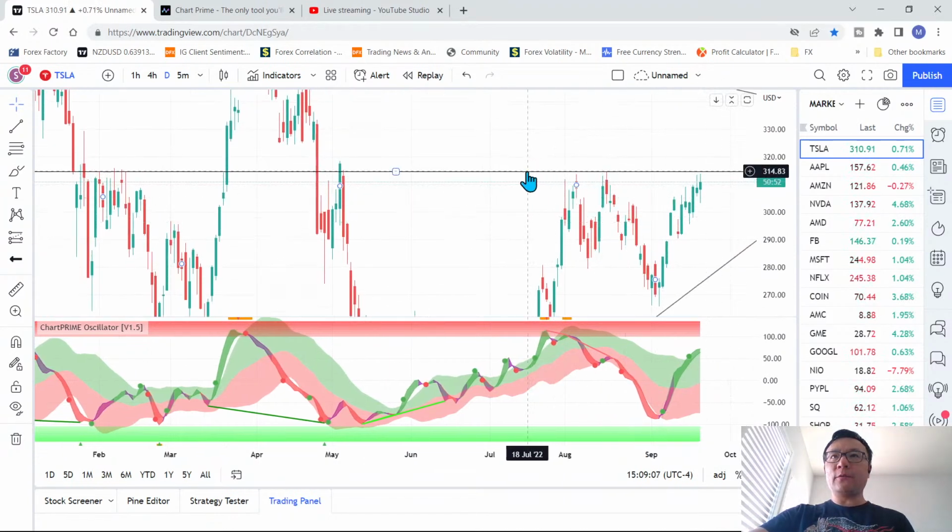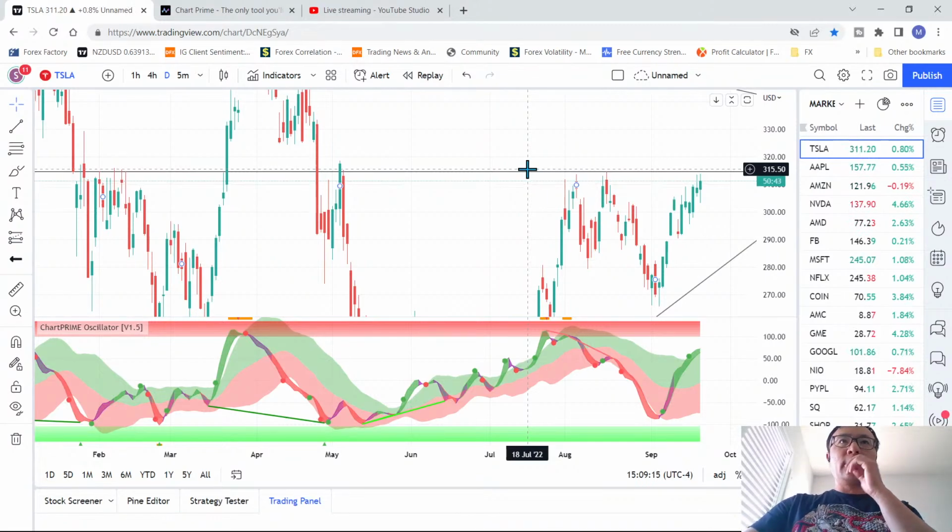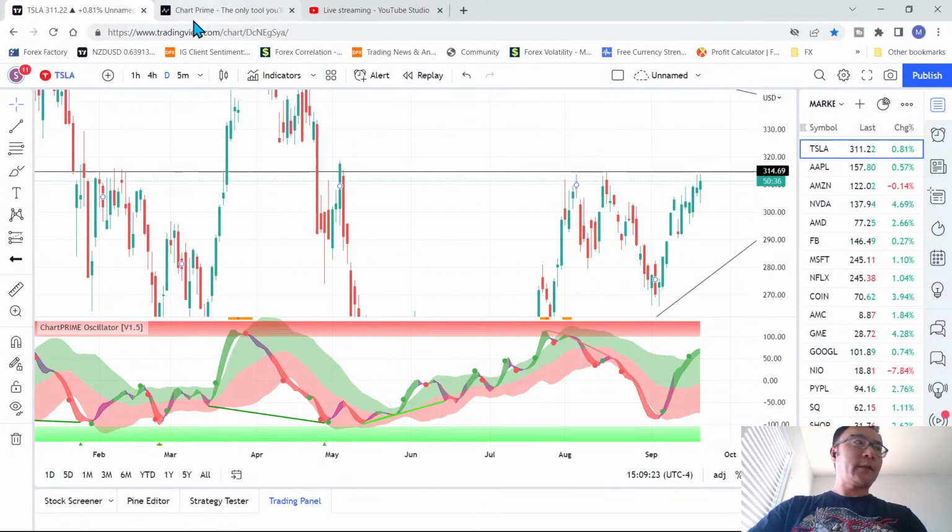So what I'm going to do is probably put on a trade around, let's do, 315.50. And I'm actually going to write this down for you guys. Just bear with me a second.